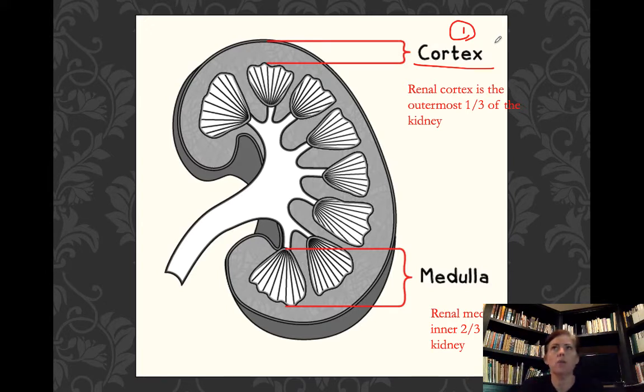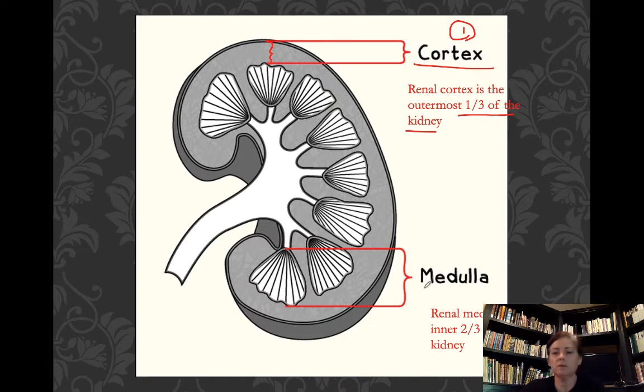Think about this from before. We had cerebral cortex, which was that outer 2 millimeters of brain. We had adrenal cortex, which was the outer part of the adrenal gland. Well, here we've got renal cortex. It's the same thing. It's going to be the outermost third of the kidney, kind of this crust here on the outside.